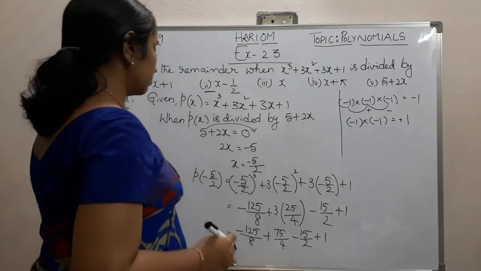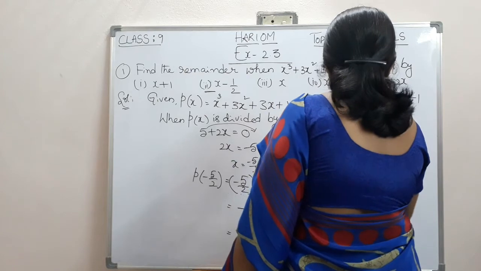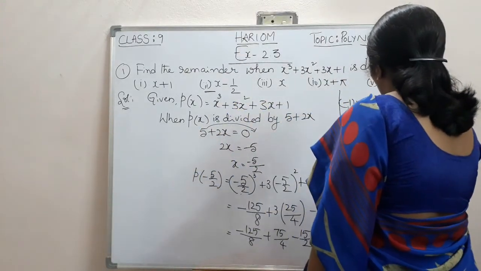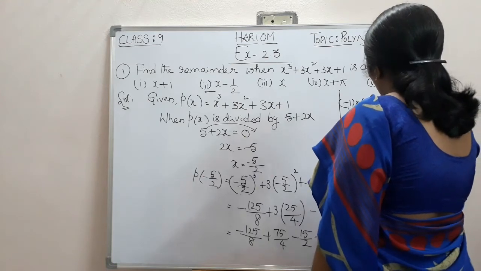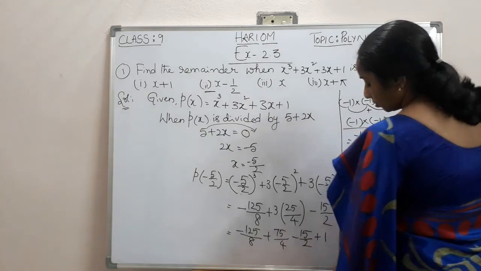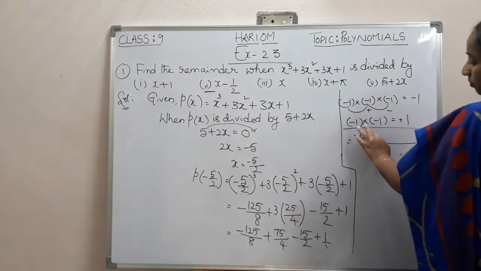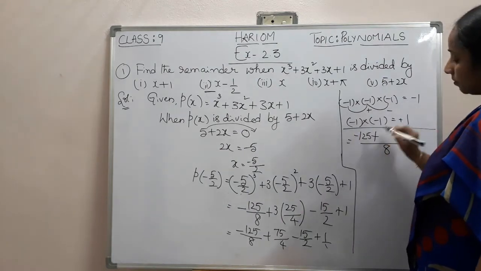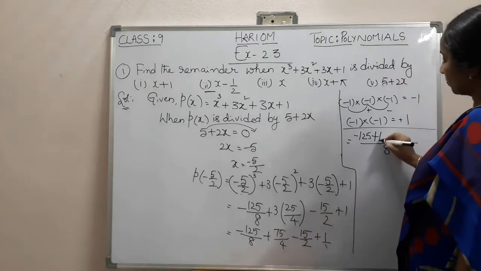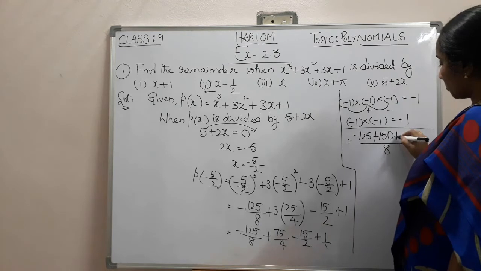Now take LCM. It is 8, 4, 2, 1. 8 table 8 one time, 1 into minus 125. 4 table 8 2 times, 2 into 75, 150. 2 table 8 4 times.